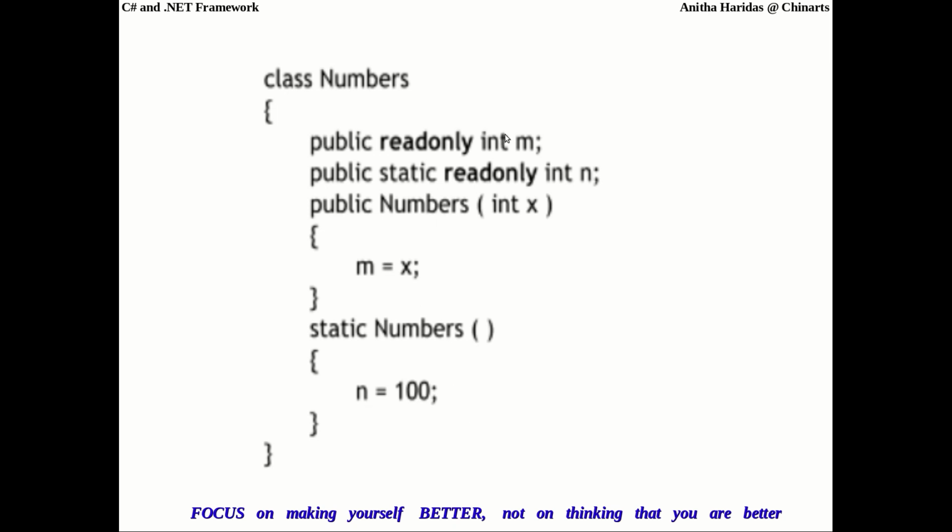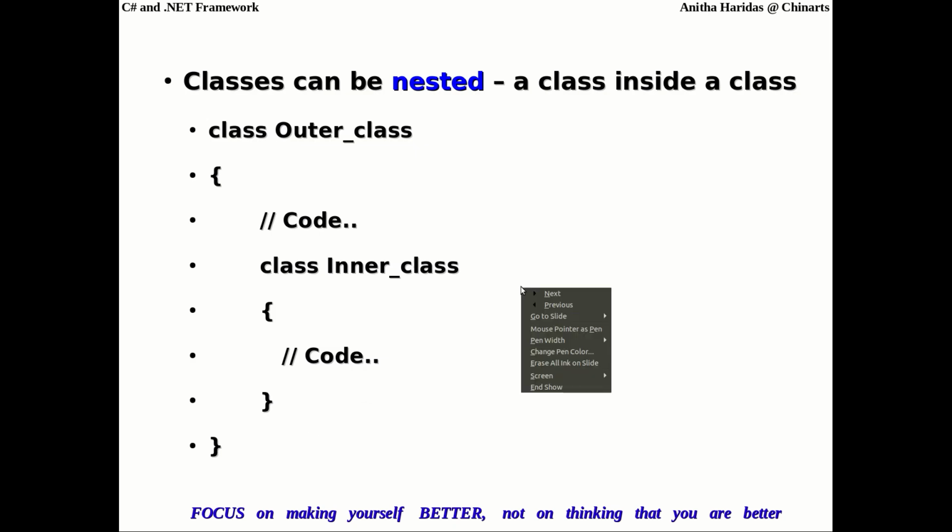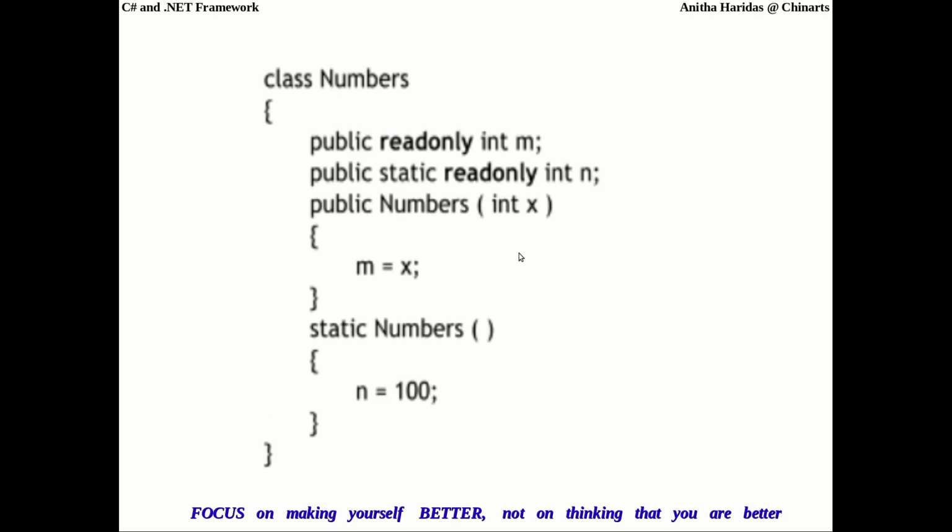Whereas for each object the m value can be different and it is going to be a constant value which cannot be modified. So that is the purpose of having the read-only member.